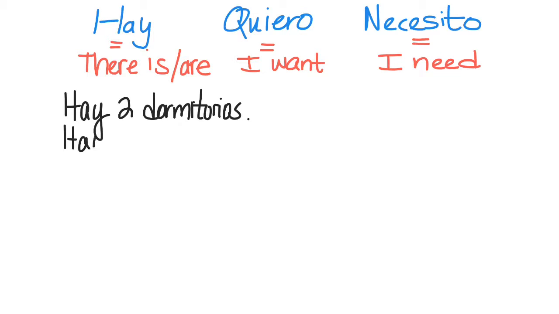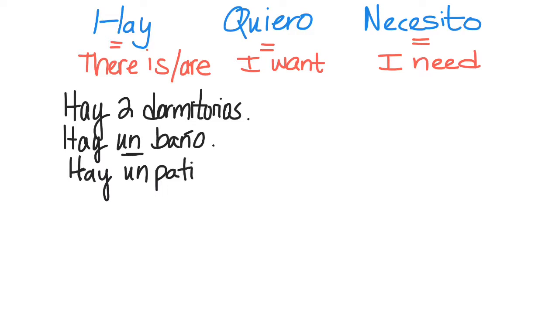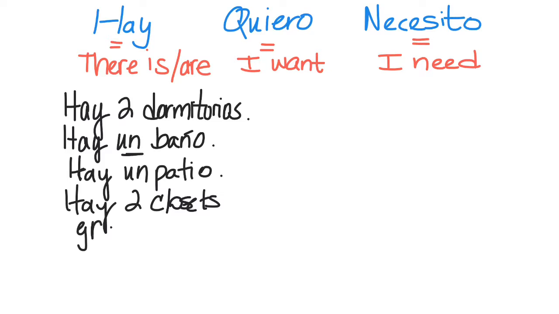Hay un baño, making sure I'm shortening uno to un since this is going in front of a masculine word. Hay un patio. Hay dos closets grandes.